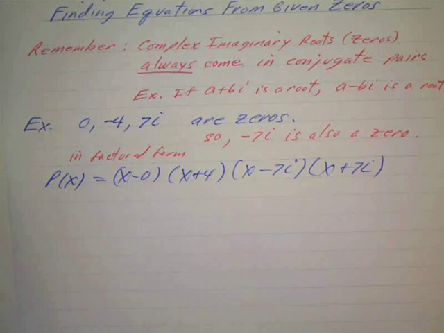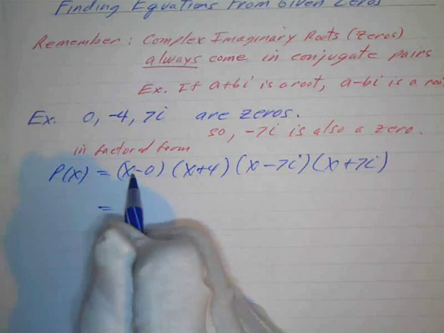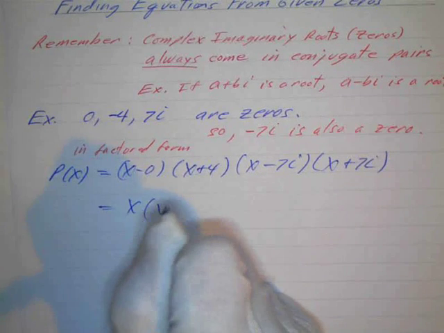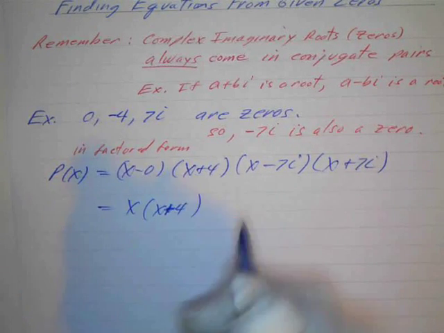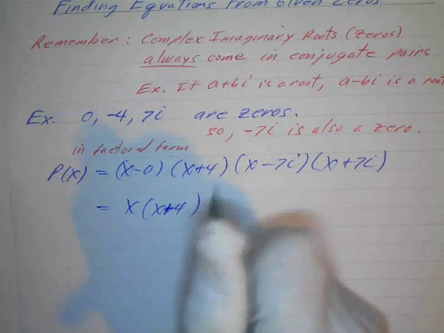So this is what we've got. Okay? And again, we've done this before. If we see x minus 0, we'll just write that as x times x plus 4. And then we're going to multiply this out using our FOIL process.